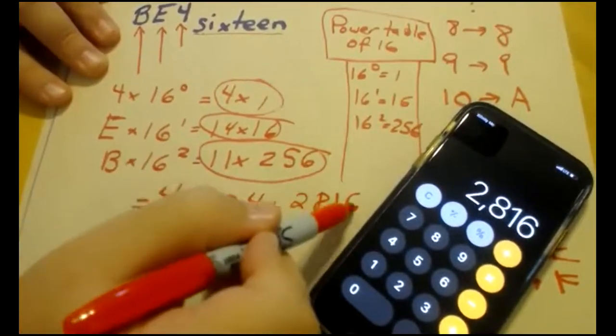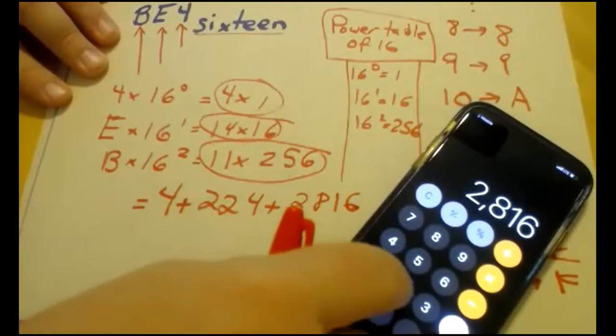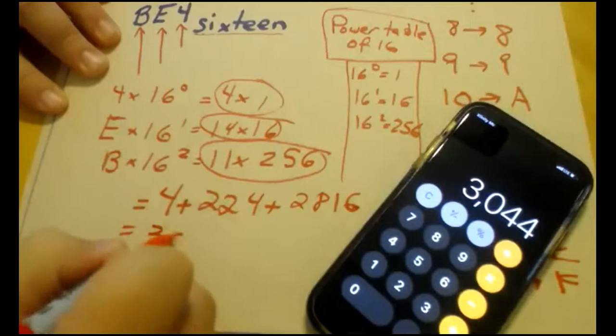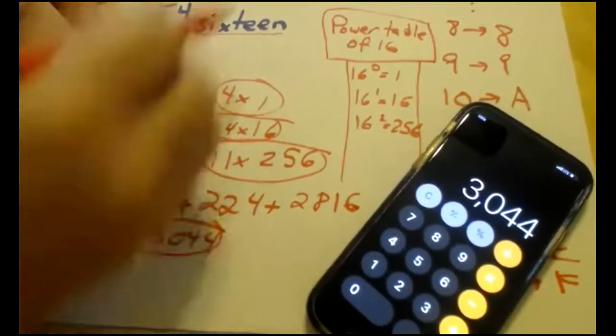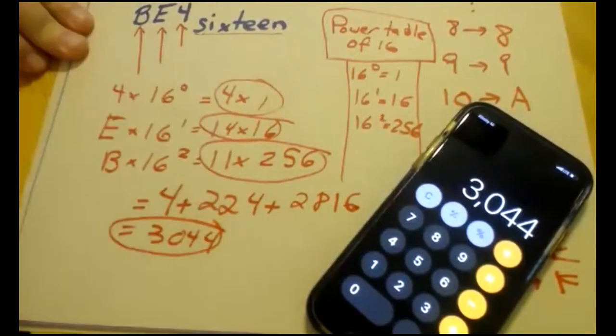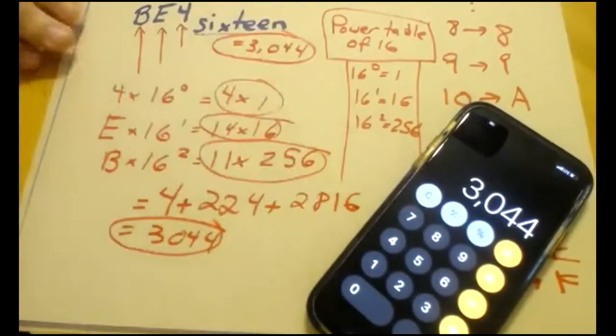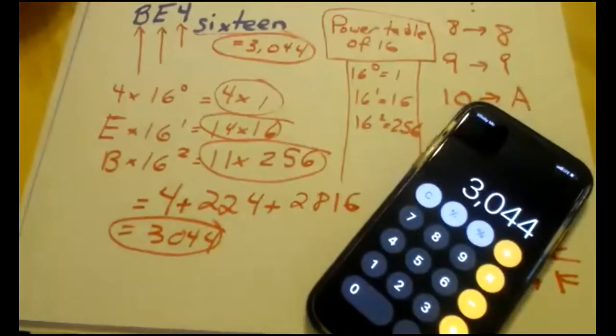Then I got to add them all up. So this number is equal to 3,044. There's your answer.